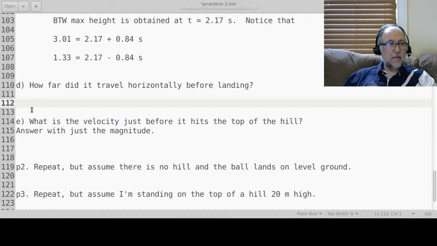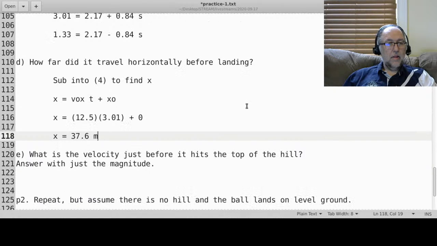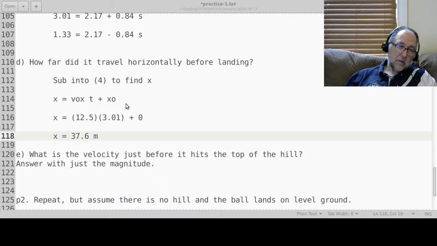All right, cutting and pasting here. So substitute into equation 4 to find x. There's equation 4: x is equal to v naught x t plus x naught. And v naught x, just look above, that was the 12.5.